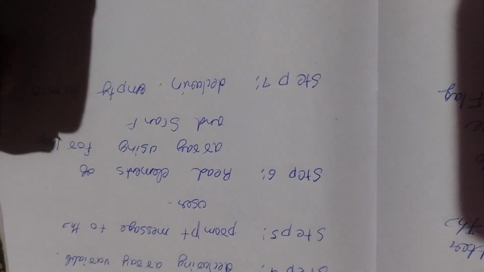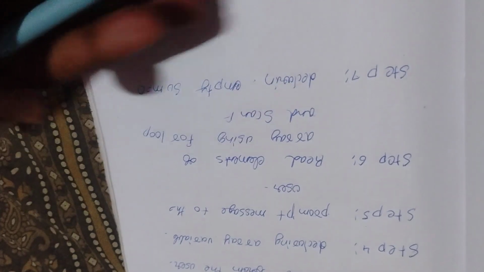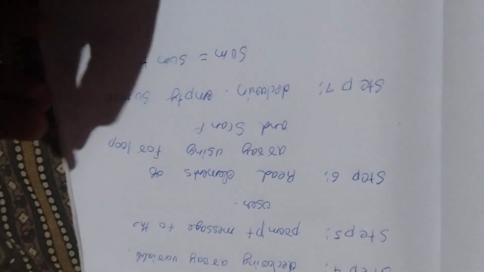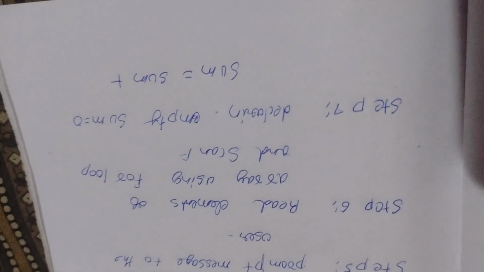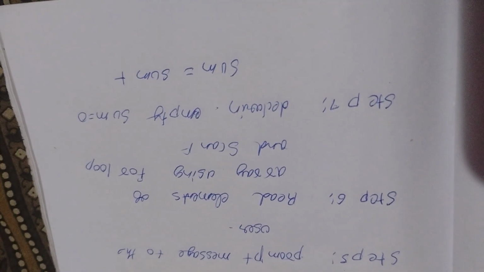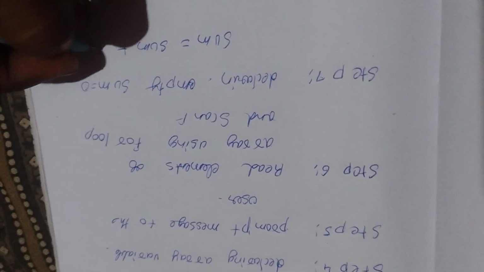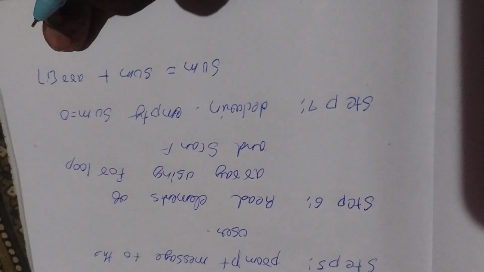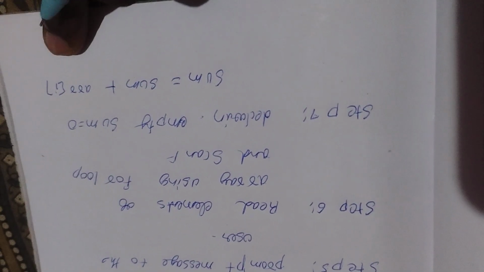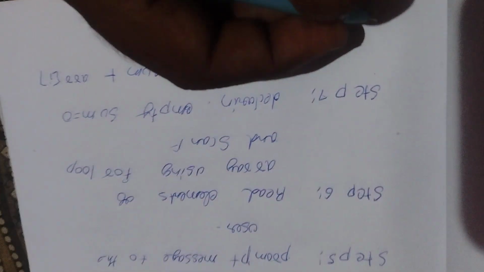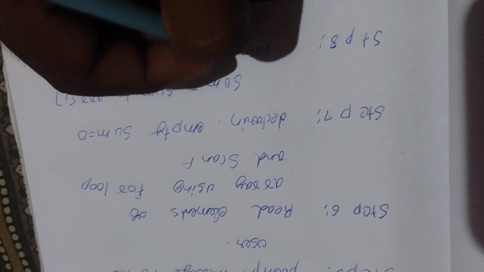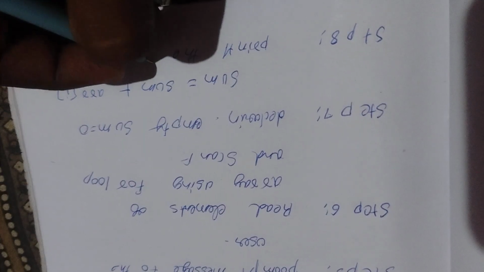With the help of a for loop we can update this value line by line using this logic: sum is equal to sum plus array element. I will tell you later; in the program I will definitely explain it. Step 8, print the sum value.